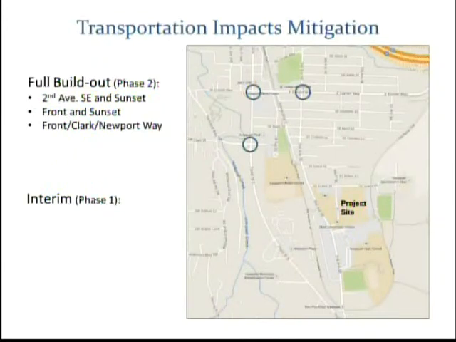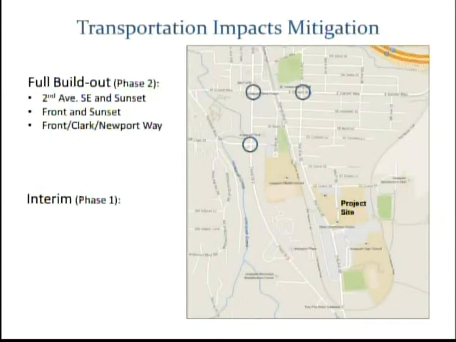Next on the full build-out condition is the intersection of Front, Clark/Newport Way. Due to some changing conditions with bell times and traffic patterns associated with middle school and elementary school, there was a substantial delay at that intersection associated with the new school activities.